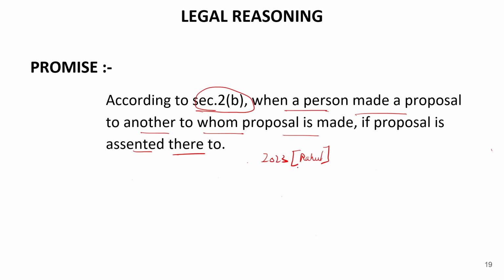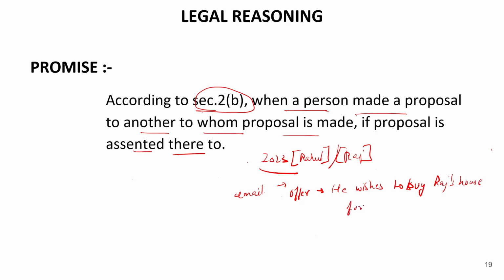Rahul has communicated through email to Raj his offer that he wishes to buy Raj's house for rupees 50 lakhs.